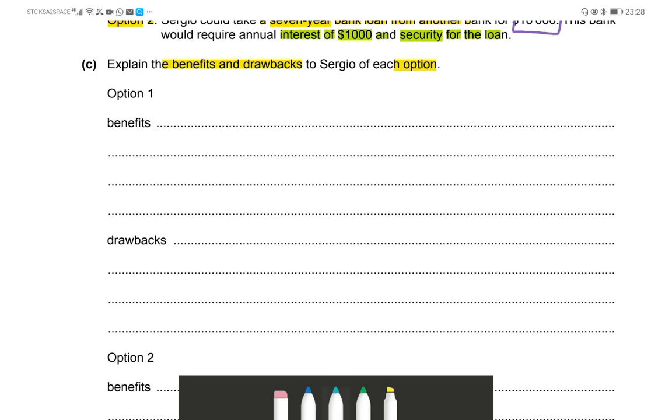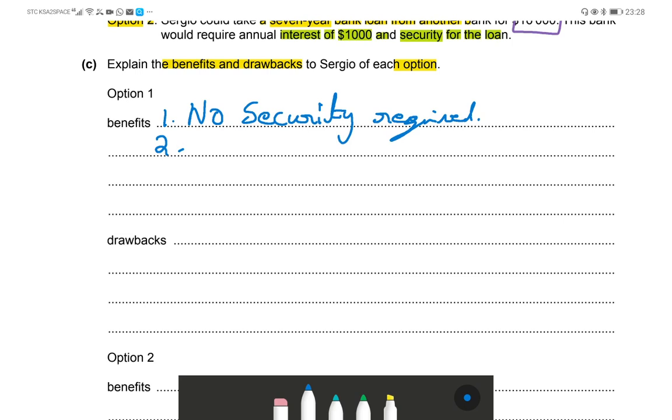So the first benefit: no security required. And second one, Sergio has less pressure because he is taking the money from his best friend, right?